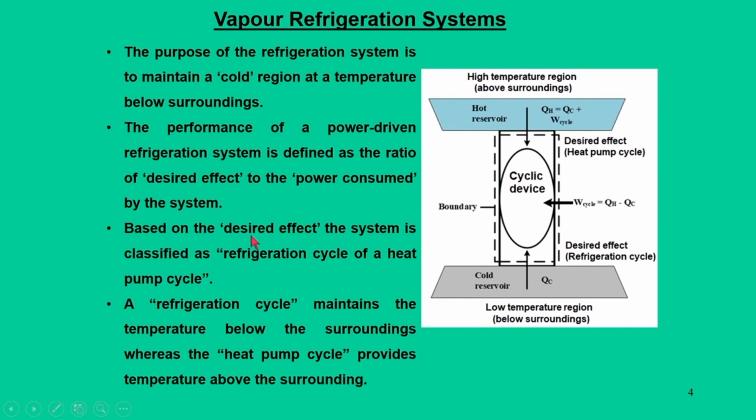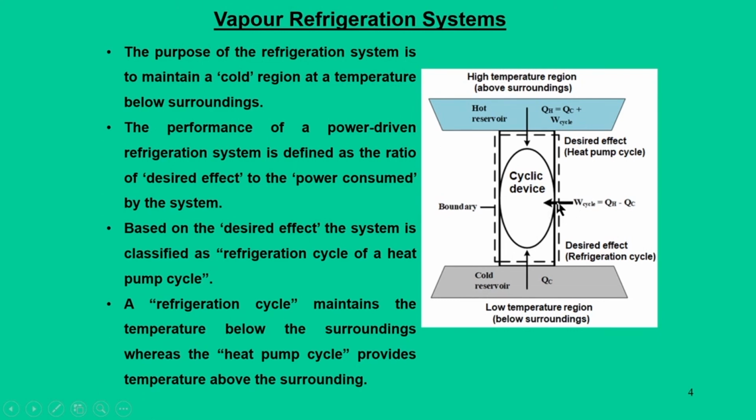Here the desired effect could be one of two situations: one can have a refrigeration cycle or a heat pump cycle. If you look at this particular figure, it is mainly derived from the Carnot cycle, which says that we have a cyclic device, in our case either a refrigerator or a heat pump, which consumes work as input.